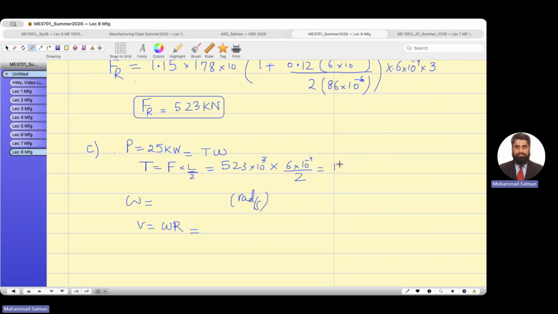It is 157 newton meter. And from here, omega equals power divided by the torque. Power is 25 10 to the power 3 watts divided by 157. How much is that?